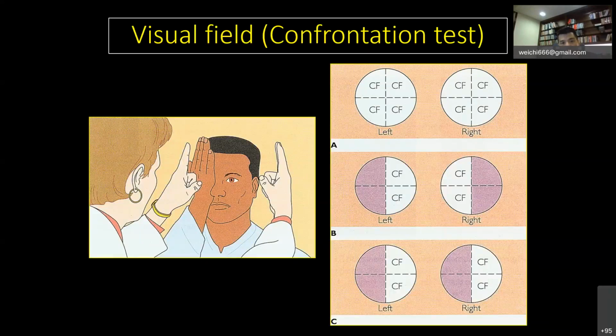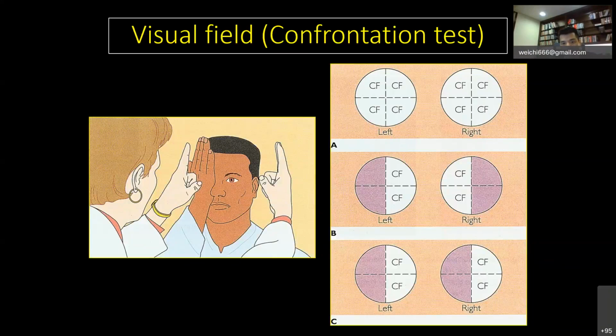You ask the patient to cover one eye, then you present your finger at different quadrants: superior temporal, inferior temporal, superior nasal, inferior nasal. Then you could see if the patient responds with the correct answer. So you could document whether the patient has a normal visual field or not.